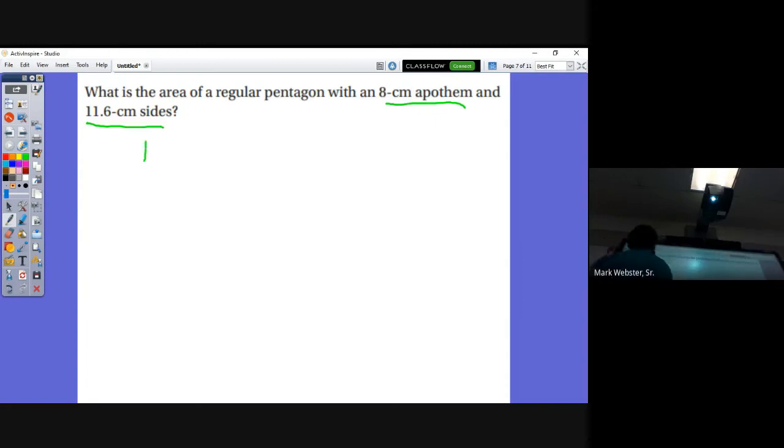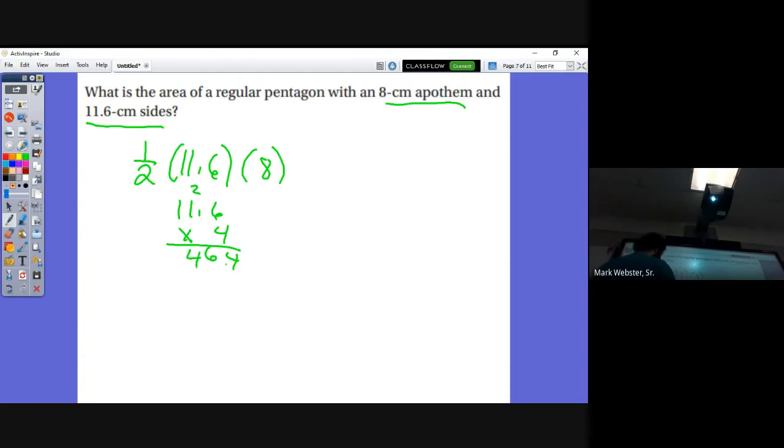So 1/2 base times height, and you get whatever 4 times 11.6 is. 46.4 rather. That's one triangle. Well, how many triangles are there? There's 5 of them. So what's 46.4 times 5?